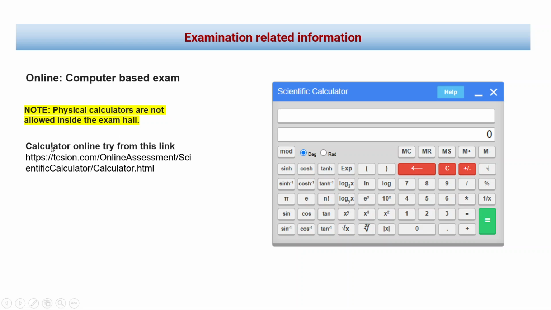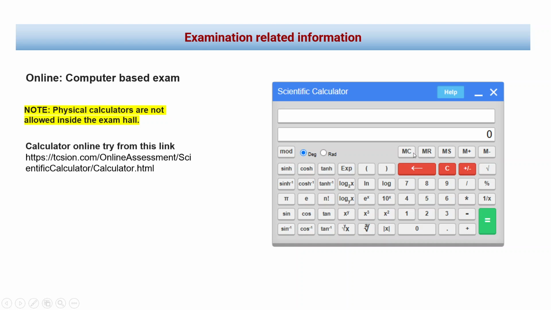Only in the computer system itself, an online calculator option will be there, which looks something like this. Before going for your exam, you should use this link, and in this link you will get this calculator.